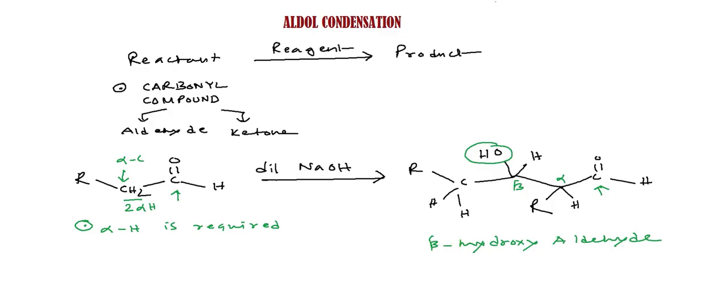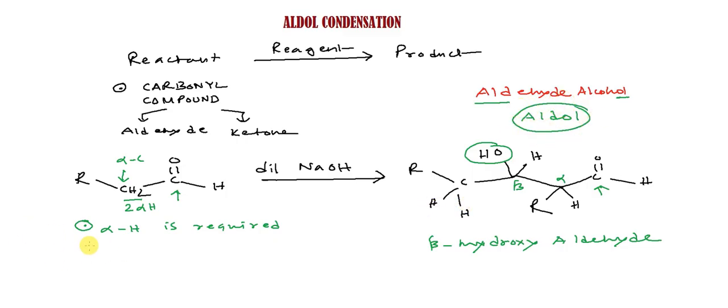As there is this aldehyde group and also alcohol, that is this hydroxy group, the ALD from aldehyde and OL from alcohol sum up to give you the trivial name aldol.